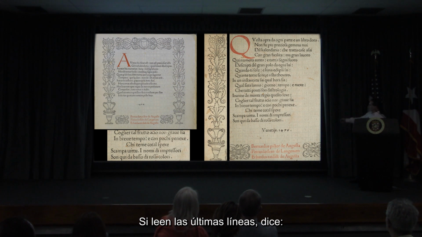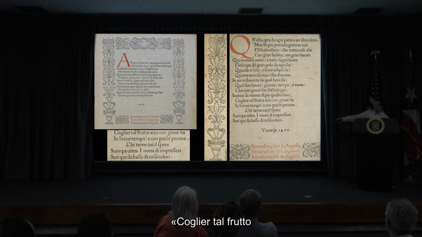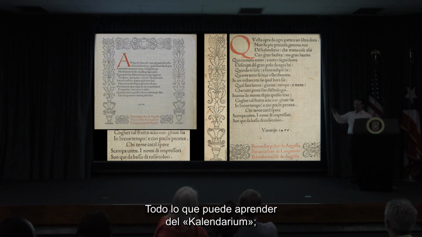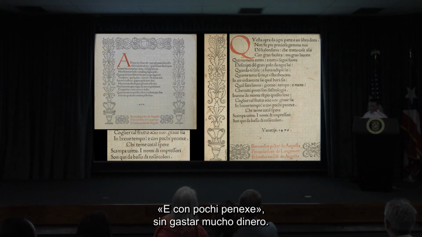If you read the last few lines, he says, coglierai tal frutto, a ciò non grave sia in breve tempo. So all of the things that you can learn from the Calendarium, e con pochi penesse, without spending that much money.